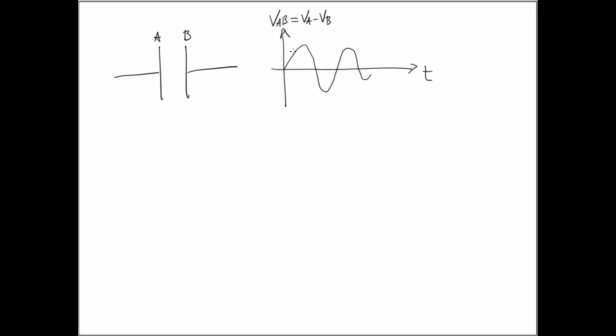So if we consider, for example, this moment in time, which we call T1, VAB is obviously positive, so this means that VA is bigger than VB. So we have a higher value of the potential here, and a lower value here. So this means that the electric field is directed in this way, in this moment.